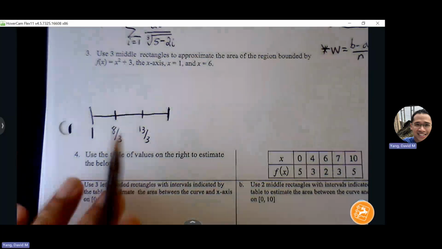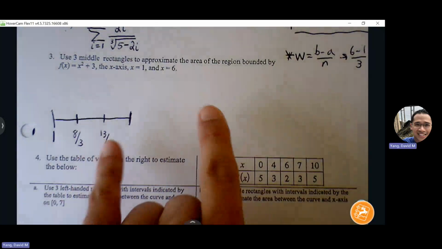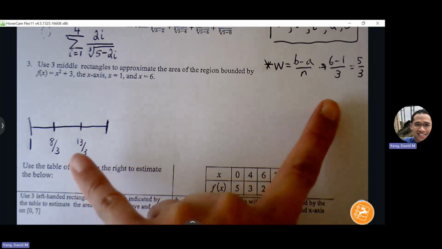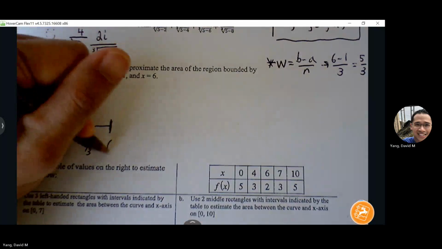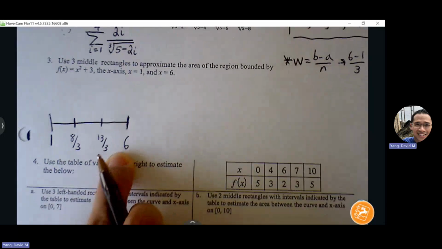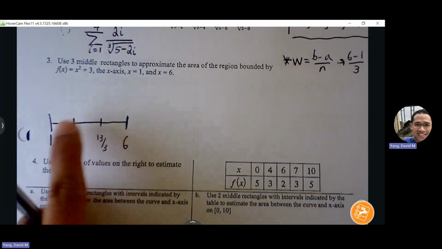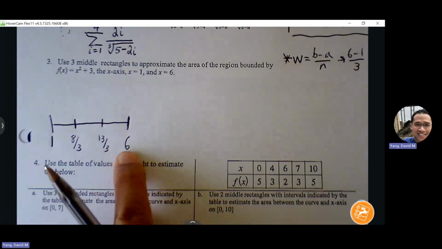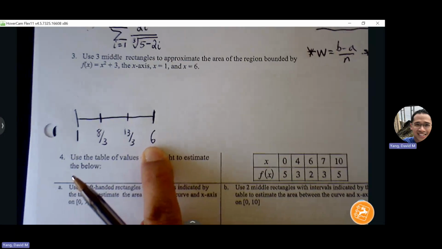Plus 5/3, I get 18/3, which is the same thing as 6, right? That checks that you're adding correctly and you got the correct width, because if I can start at the end, get the number of intervals that I want, and arrive at my right endpoint, I know that I did my intervals correctly.